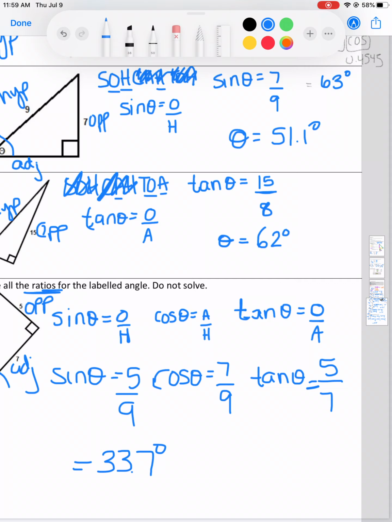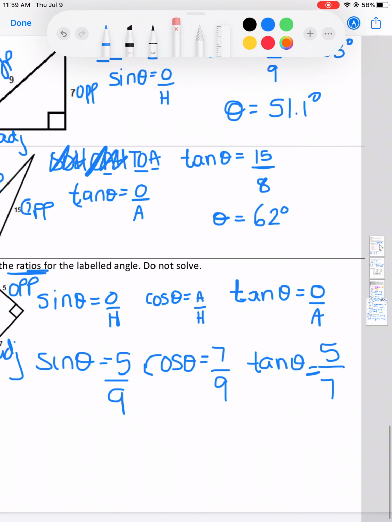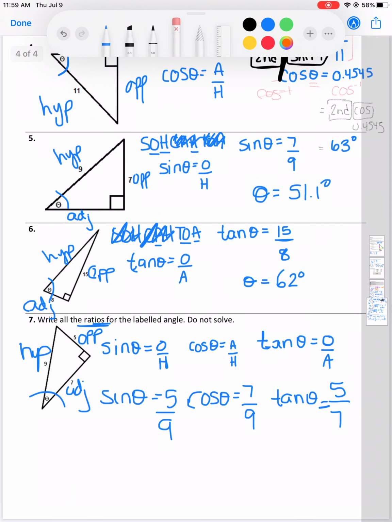Second cos, 7 divided by 9. Ooh, I got 38.9. It's a little off. Second tan. Oh, I know why. I think I've done this before and I figured out why, because this could be a little messed up of a triangle. Adjacent over hypotenuse, opposite over adjacent.